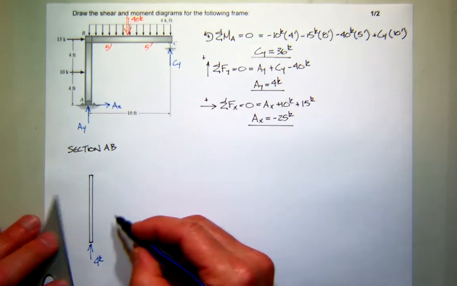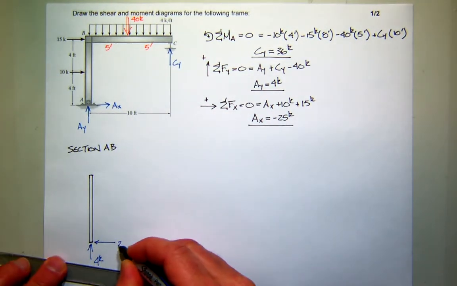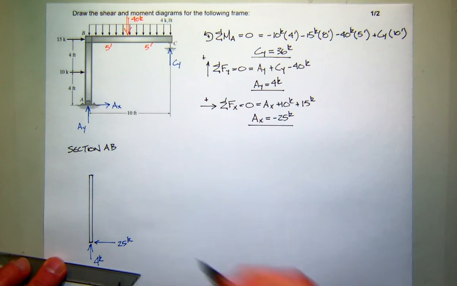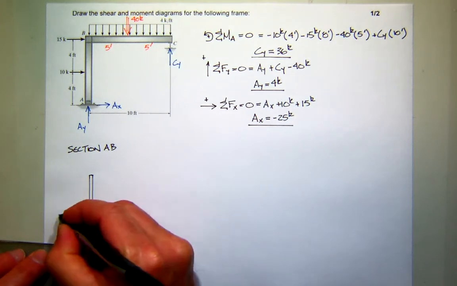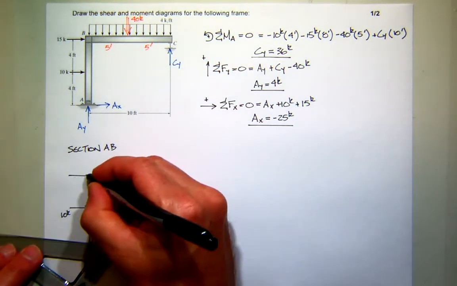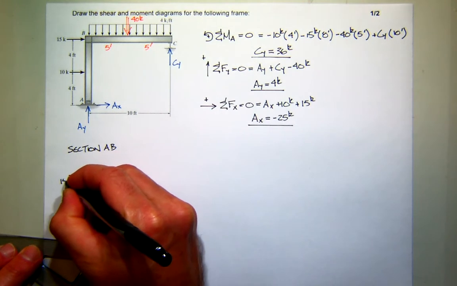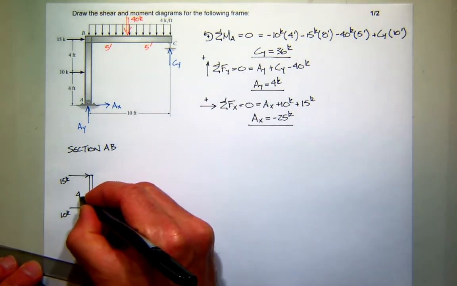AX was negative 25, so it's to the left. There's my reactions. And what else do I have? About mid-height, I have the 10 kip force. Up here at the top, I have the 15 kip force, 4 feet, 4 feet.